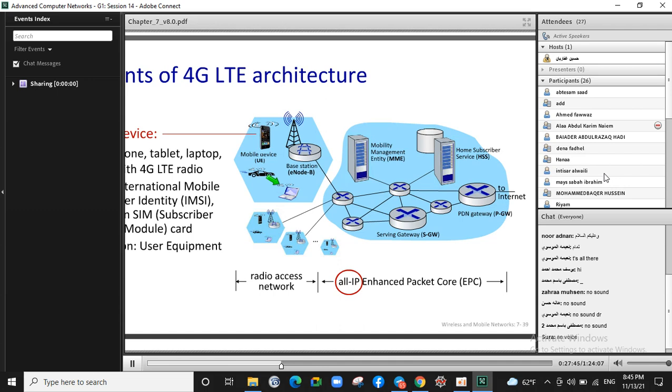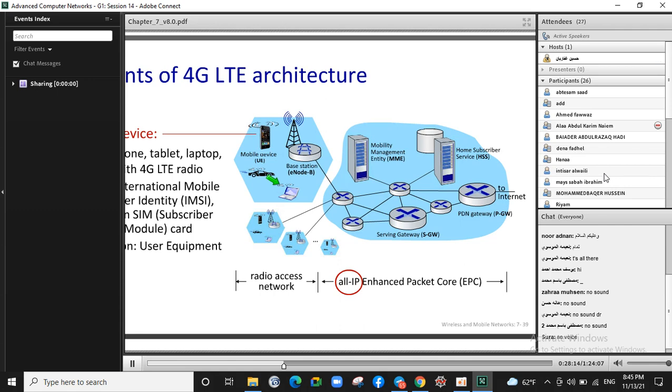Here, those cells only prepare a radio access for me, so we call them the radio access network. It means that here I'm using a two-level hierarchy network in the LTE architecture. The first level is the radio access network.